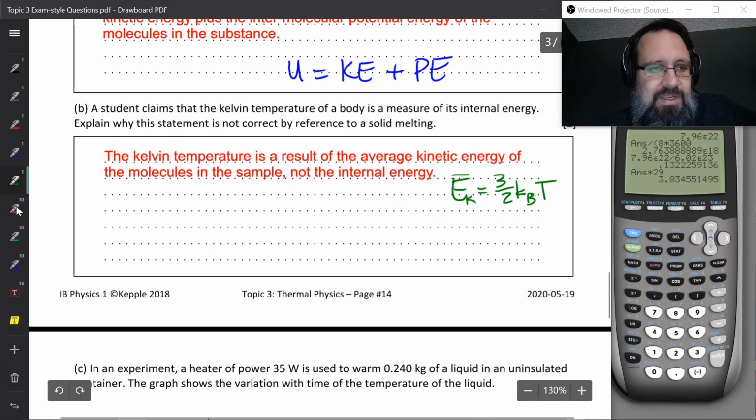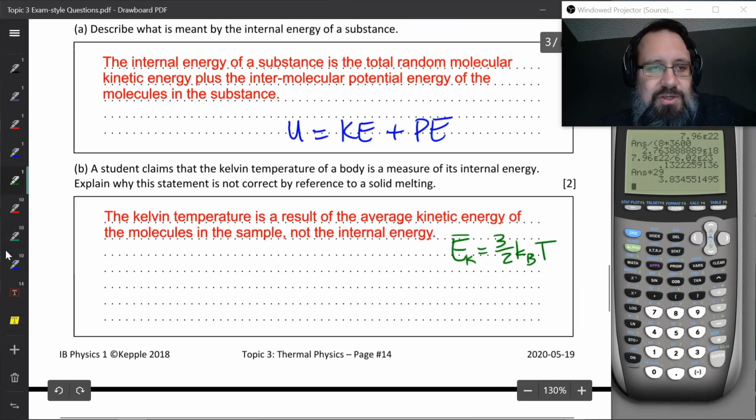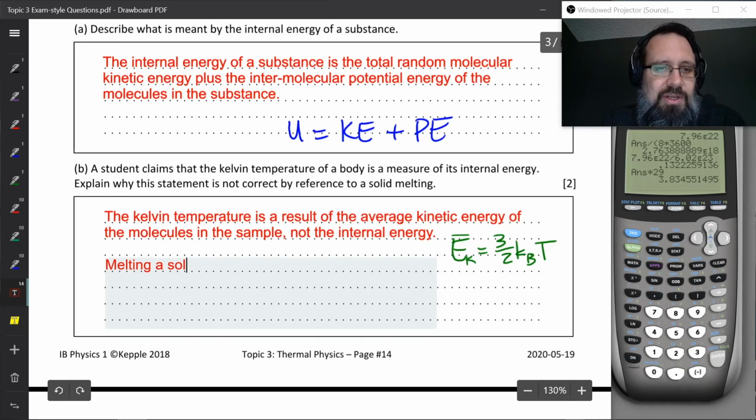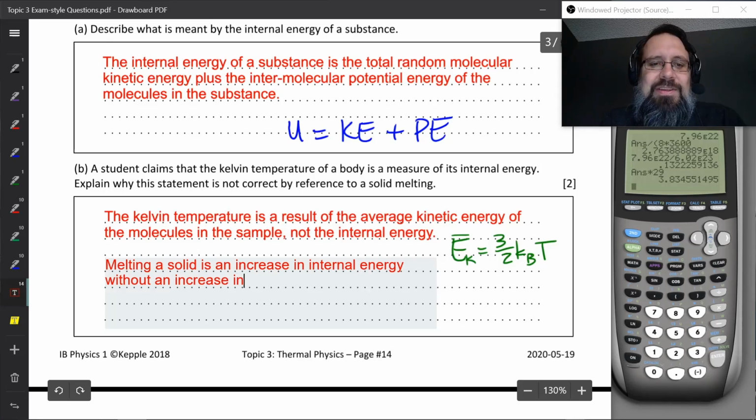Okay, that was my first statement. This is a 2-mark question, so I need one more statement. My second statement is: melting a solid is an increase in internal energy without an increase in temperature. Hence, the student is not correct.